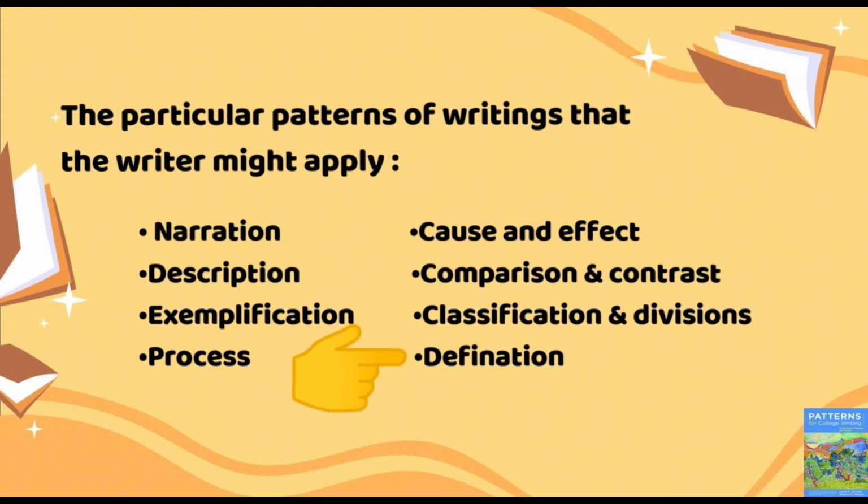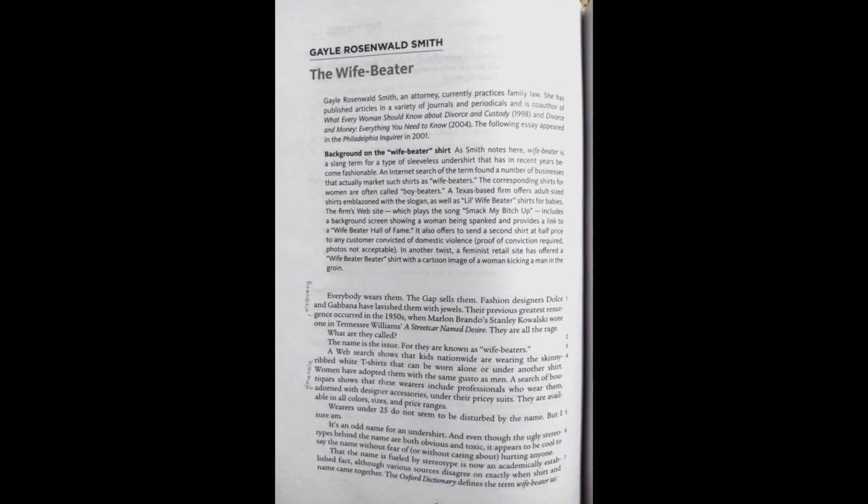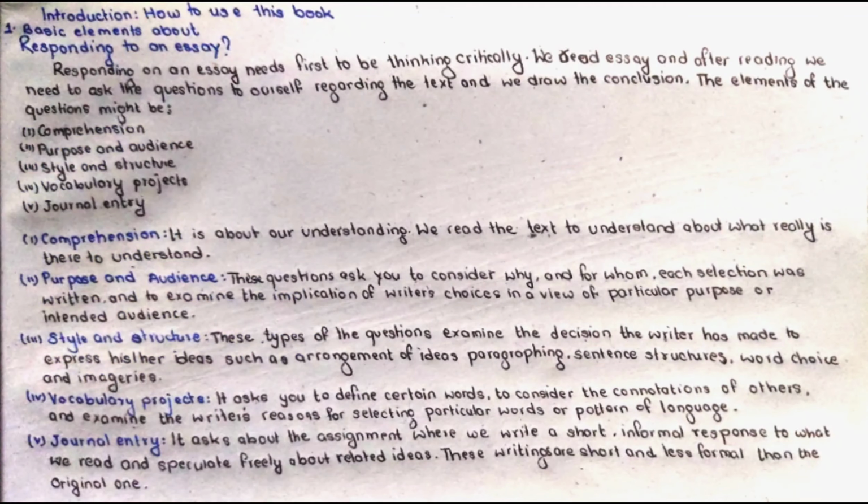For instance, this book has provided us I Want a Wife by Judy Brady and The Wife Beater by Gail Rosenwald Smith. So those were the 8 patterns of writing that we just discussed, but there are many other patterns too, like argumentation, which we will be discussing in detail in following videos.